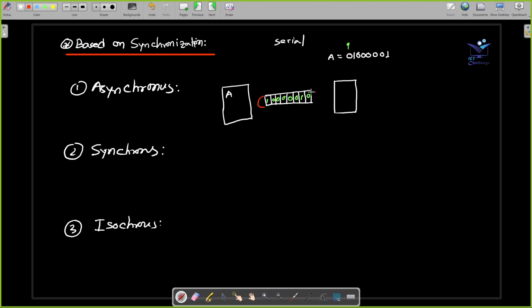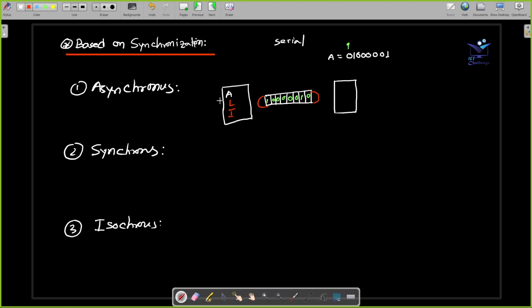Then if I draw another cell for this A, when we are going to transfer A, we need a start bit to transfer this data, because we can transfer many kinds of characters. Like after this A we can transfer L, we can transfer I, like we want to transfer Ali.